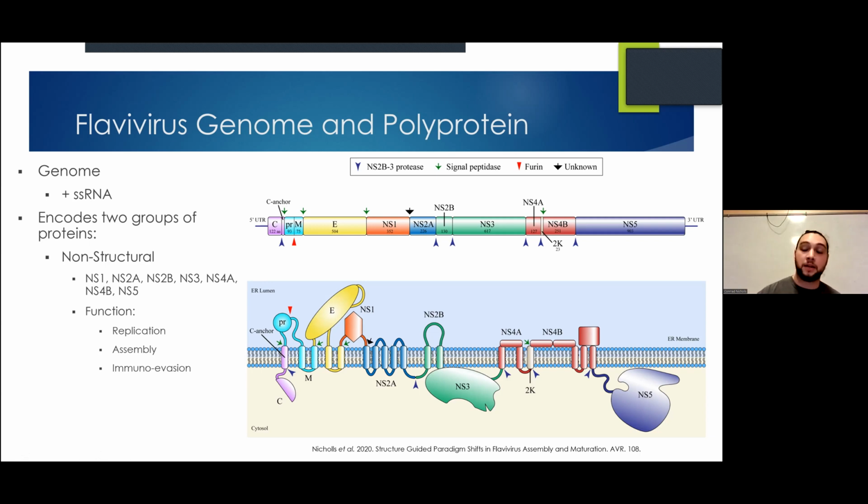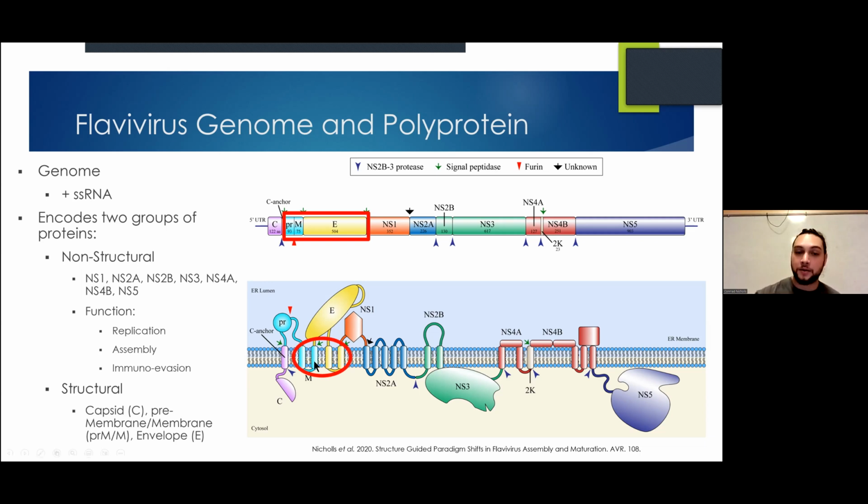And the function of these proteins is in replication, meaning replicating the genome, as well as different protein machines, the assembly of the particles, and immunoevasion. But then we have these structural proteins, and these are highlighted here in this red box: the capsid, pre-membrane/membrane protein, and the envelope protein. Now we're going to be especially talking about these and the transmembrane helices, so these little anchors inside of the lipid bilayer here, and how those potentially may play a role in virus assembly.